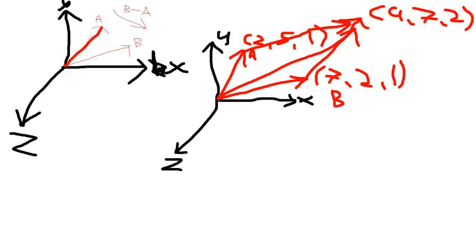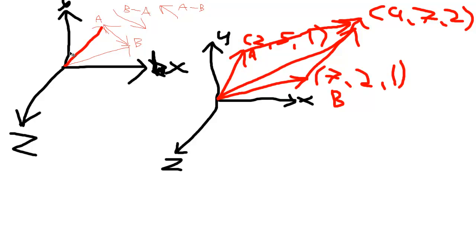So you're going from minus A plus B, and then the other way around is A minus B. So this gives you this vector here, depending on which direction you want.